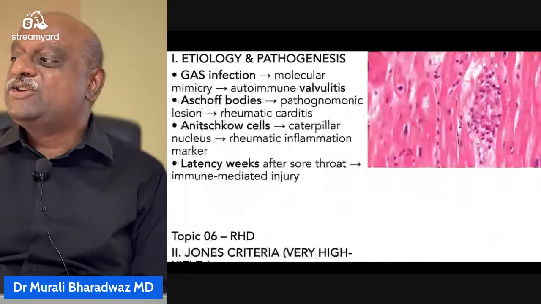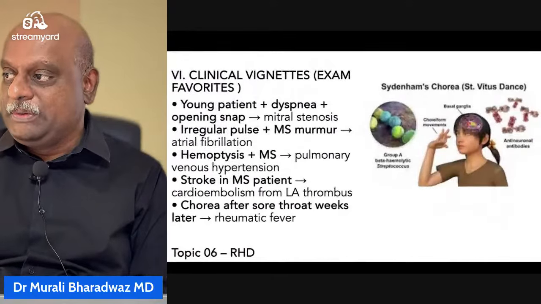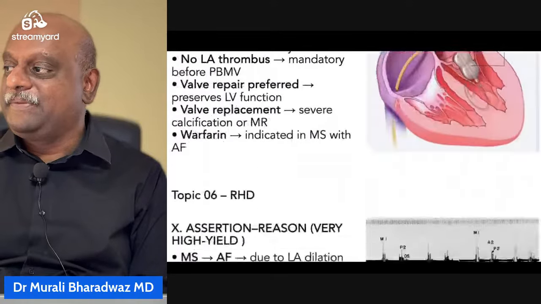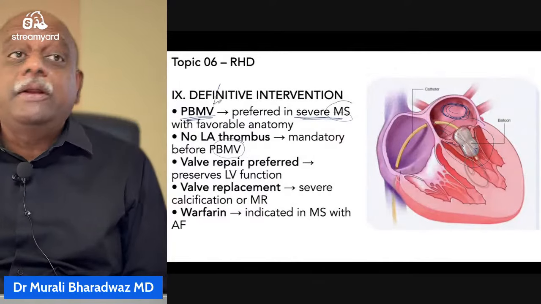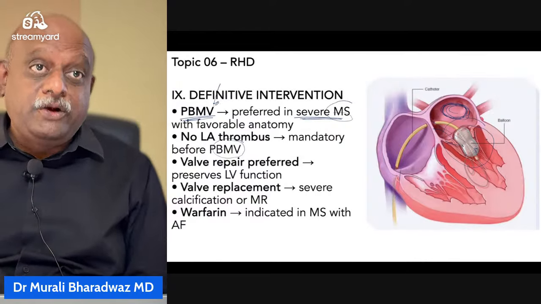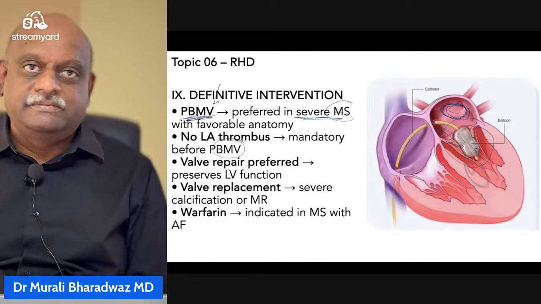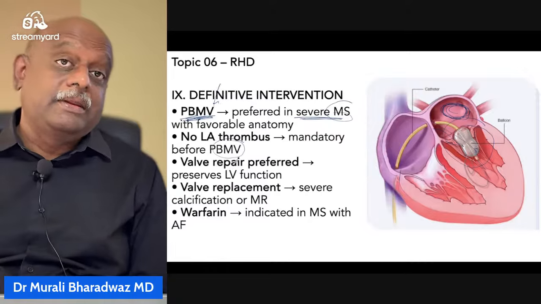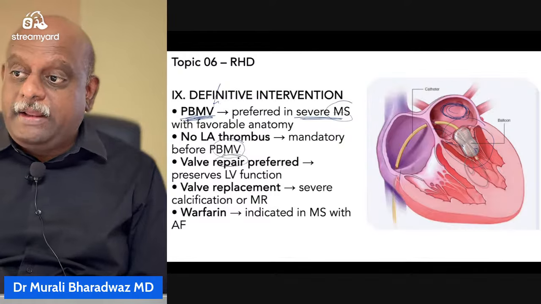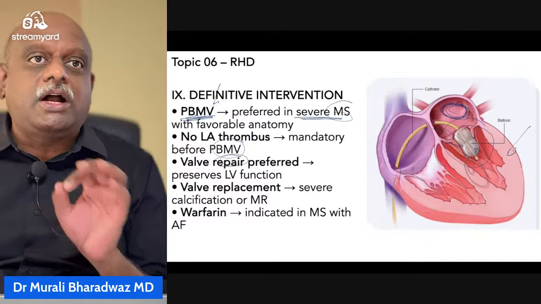Correct. So, in the case of the mitral valve also, in mitral stenosis, we try to repair percutaneously, making the boyfriend listen. But repair is generally preferred if the LV function is not yet affected.